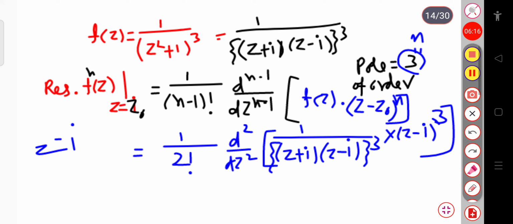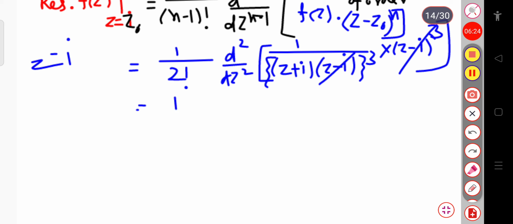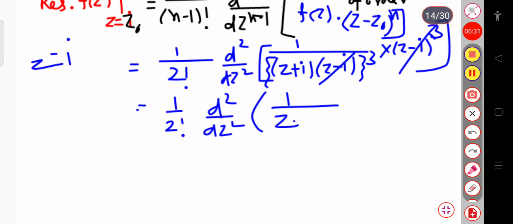So (z − i)³ gets cancelled, and that is equal to 1/2! into d²/dz² of 1/(z + i)³.